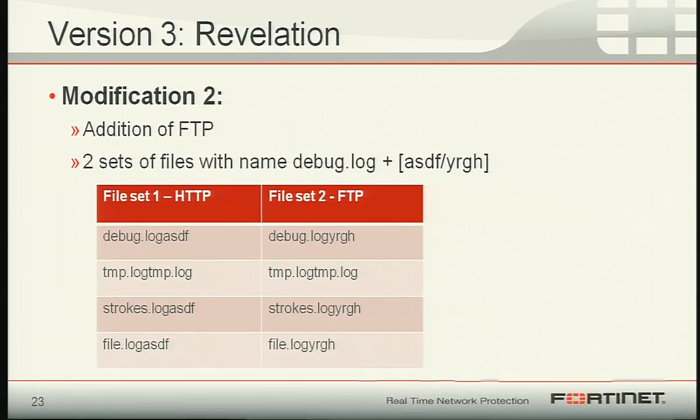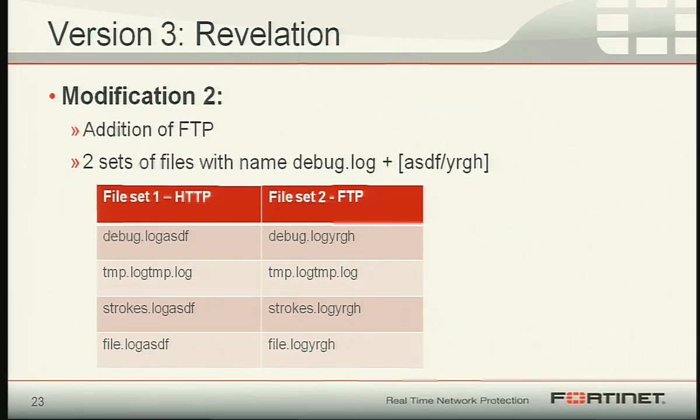The second modification is the addition of a second exfiltration method. It's the addition of FTP. And for this, 2 sets of files are used, where the name, for example, debug.log, is appended with the strings ASDF and YRGH. And both of the files, the contents are exactly the same, and we will be discussing that in the next slide.